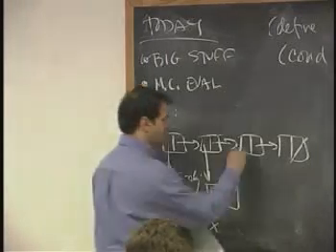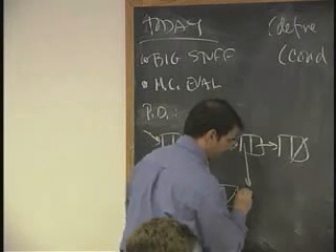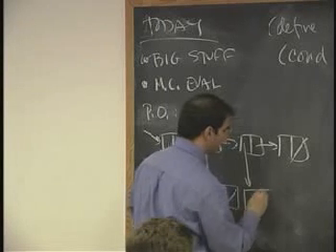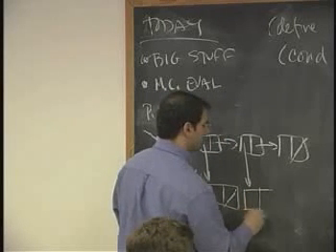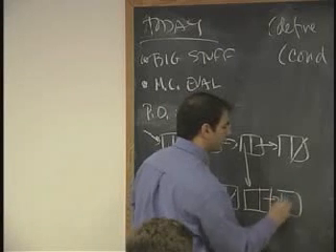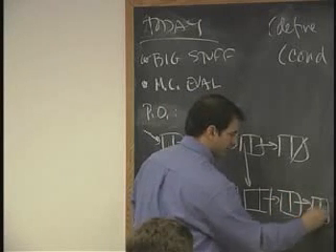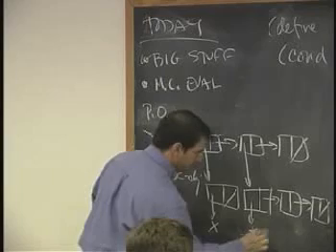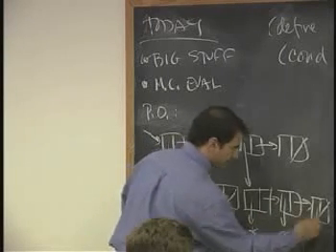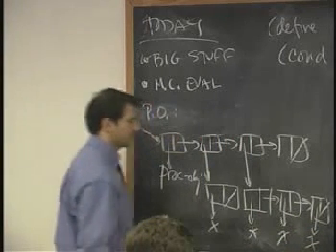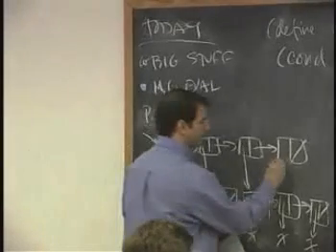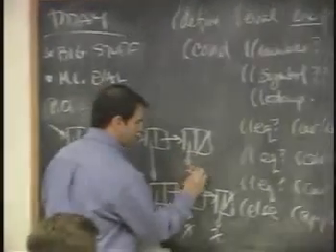The third is the body, which in this case is the expression times x, x. And the fourth is the environment.